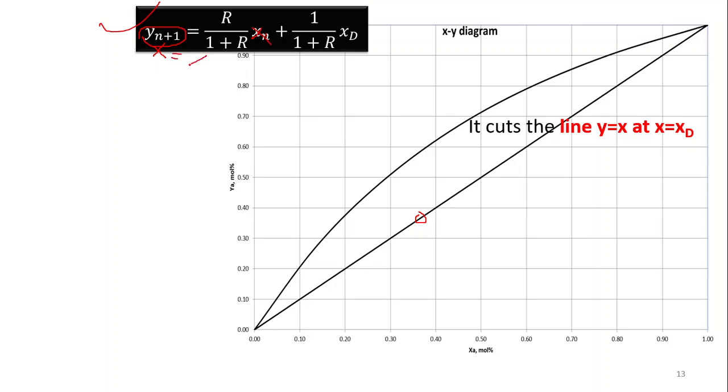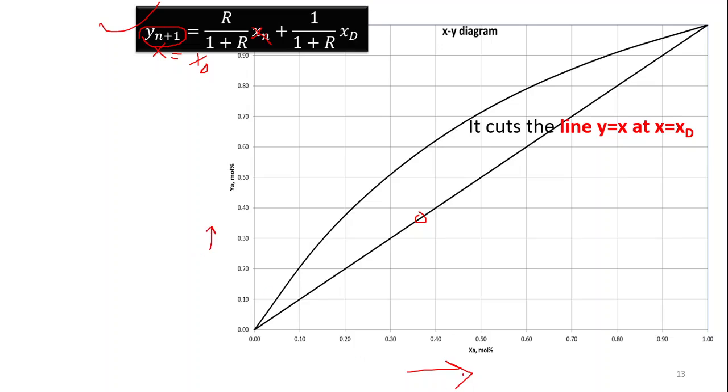This means both equations intersect each other at the xd point. That is the meaning of the line: it cuts the line y equals x at x equals xd. So where is xd? Xd is the composition of A in the distillate. This is the composition of A in the vapor phase, and this is in the liquid phase.